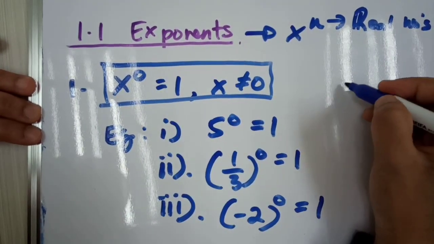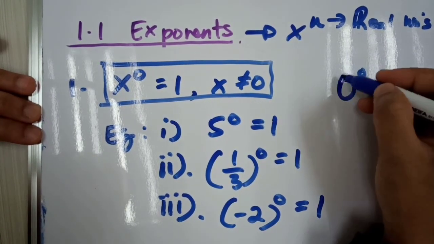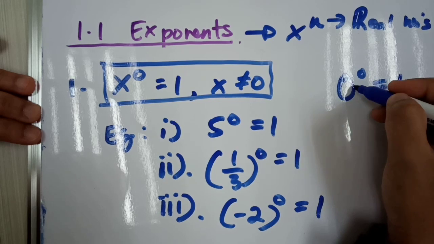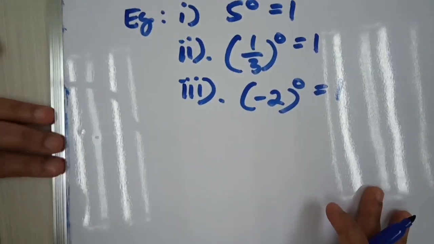You will never see this kind of expression, x power of 0 with x equal to 0. Okay, number 2.